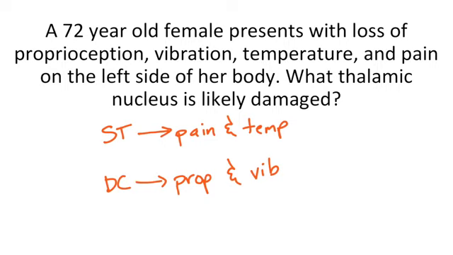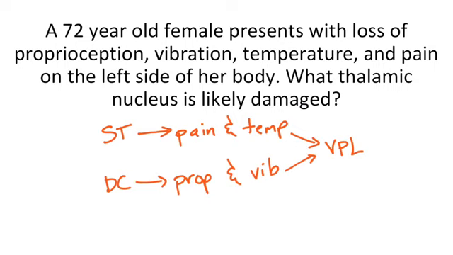Both of these pathways synapse on the ventral posterolateral nucleus, or the VPL. In this case, we can assume that the VPL must be damaged because information from both tracts is affected.